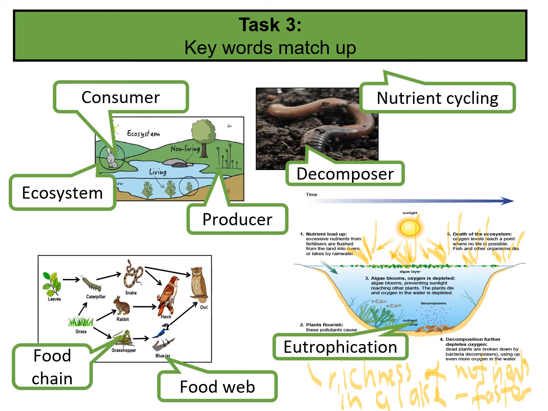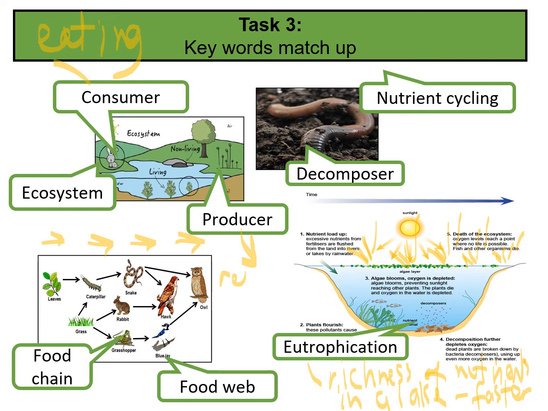When we think about a food web, we're looking at this very complex chain here. So it's how we're all interconnected, and it's not more of a simple line, whereas a food chain looks more like this. And we look at food webs and food chains in more depth in the next lesson. A consumer is someone that's consuming and eating things. So think about eating when you're looking at the definition for that. Whereas a producer is producing food.